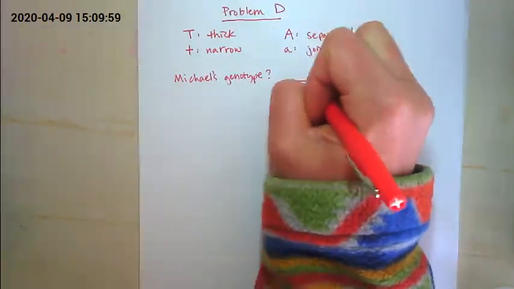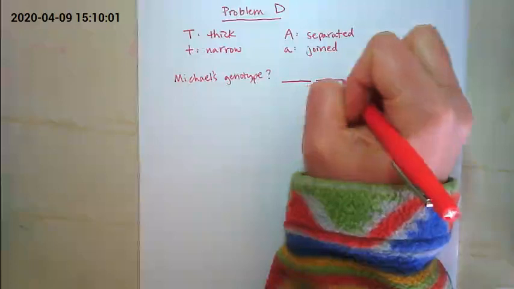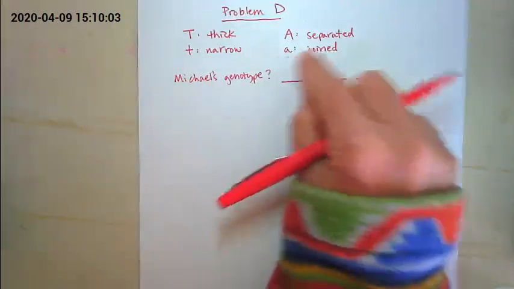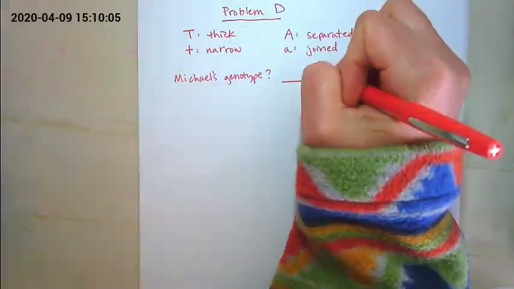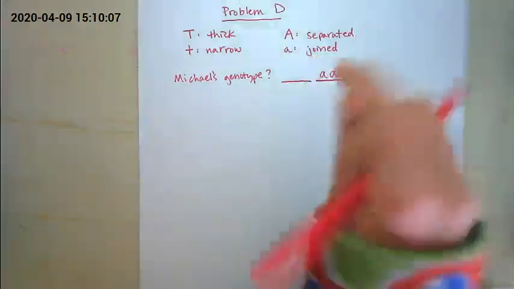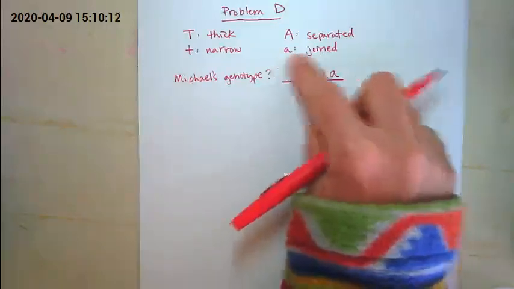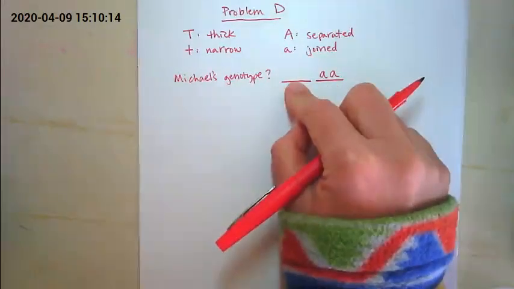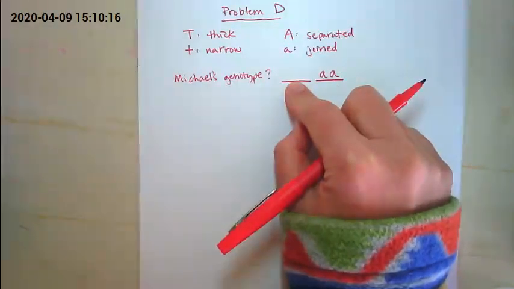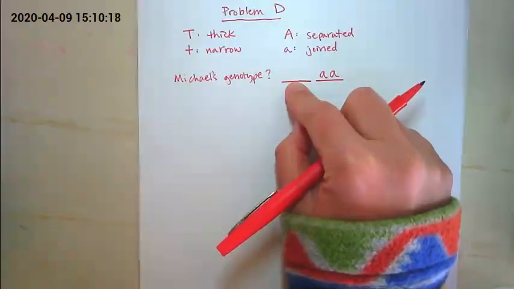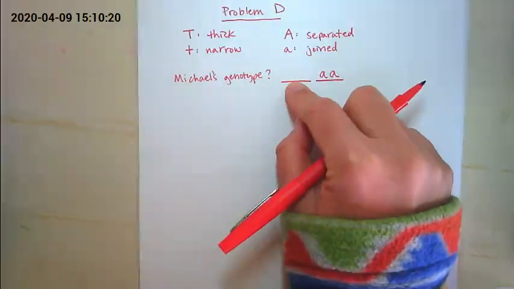We'll have to do a little more investigation. His T's we're not really sure about, but his A's we can figure out because he has a unibrow. That means he has to be homozygous recessive, because the unibrow or joined brow is a recessive characteristic. His T's, he could be big T, big T, or big T, little t. Both would give us thick.